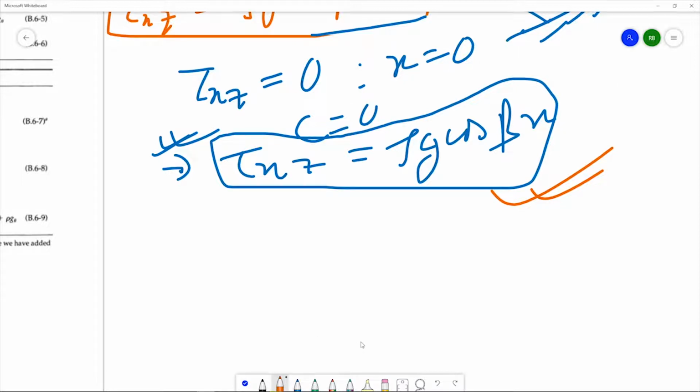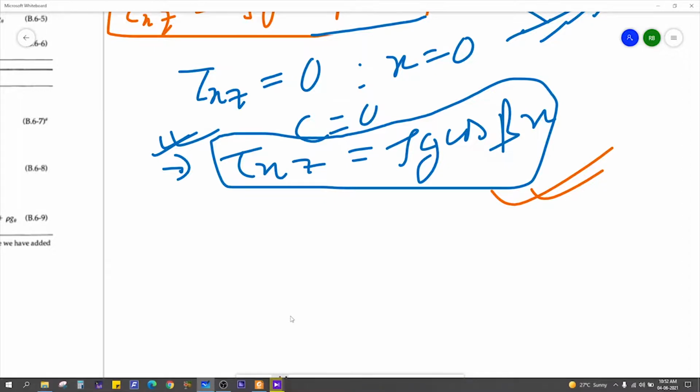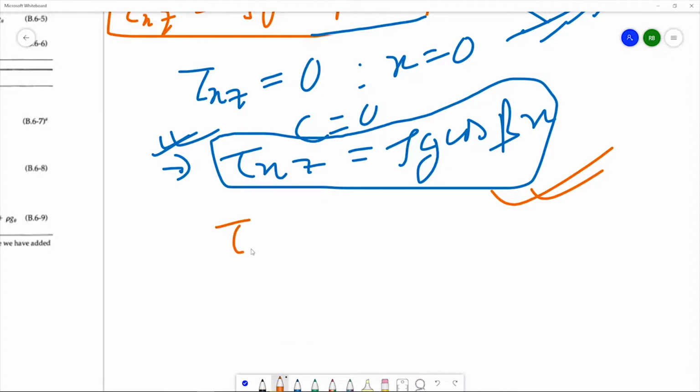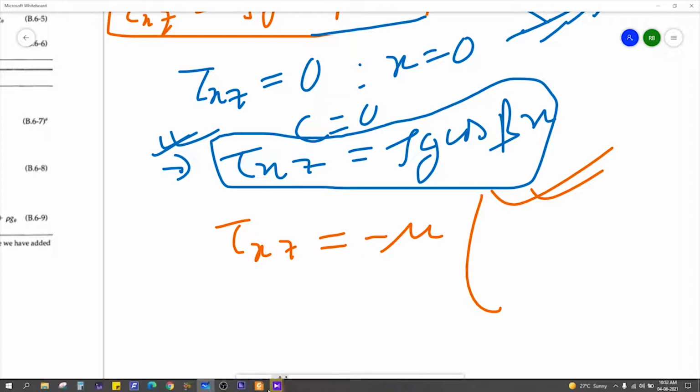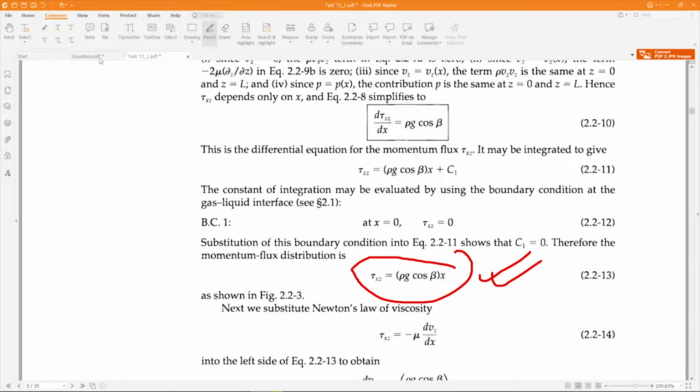To solve for the velocity profile, you have to use Newton's law of viscosity here. So what is Newton's law of viscosity for this shear stress xz? It is nothing but minus mu. You can use the complete equation as I told you earlier.